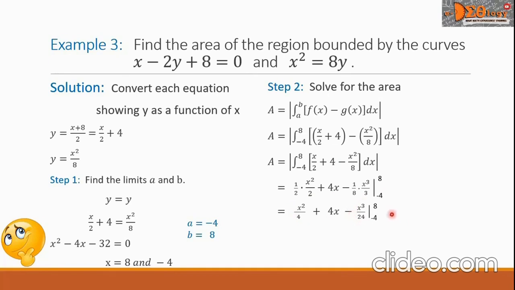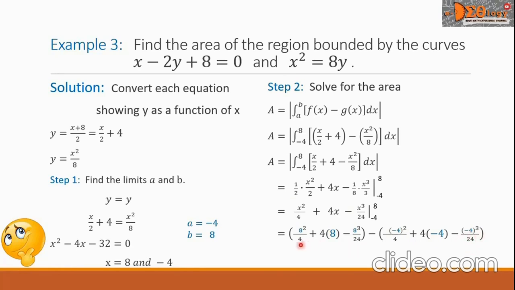Doing the evaluation with respect to limits, we get now 8 squared over 4 plus 4 times 8 minus 8 cubed over 24, minus the square of negative 4 all over 4 plus 4 times negative 4 minus the cube of negative 4 all over 24.